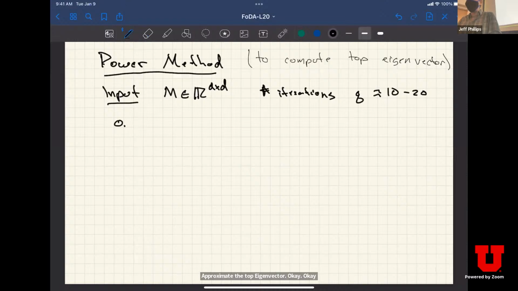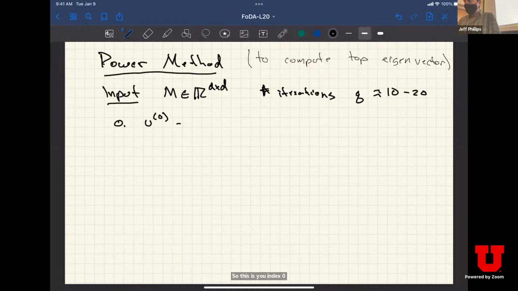Okay, so step 0, and this is actually pretty important. I'm going to make an initial guess. I'll index this as the 0 element, so this is U index 0.